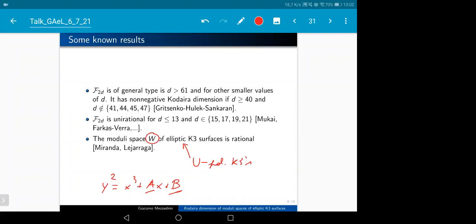And to show that it's rational, it's actually a funny argument, and this is due to Lejarraga, and it uses some sort of trick, I think invented by Dolgachev, in which they show that there is some sort of section of this moduli space with specific properties, and they deduce rationality. It's a very, very clever argument, and the paper is not even one page.